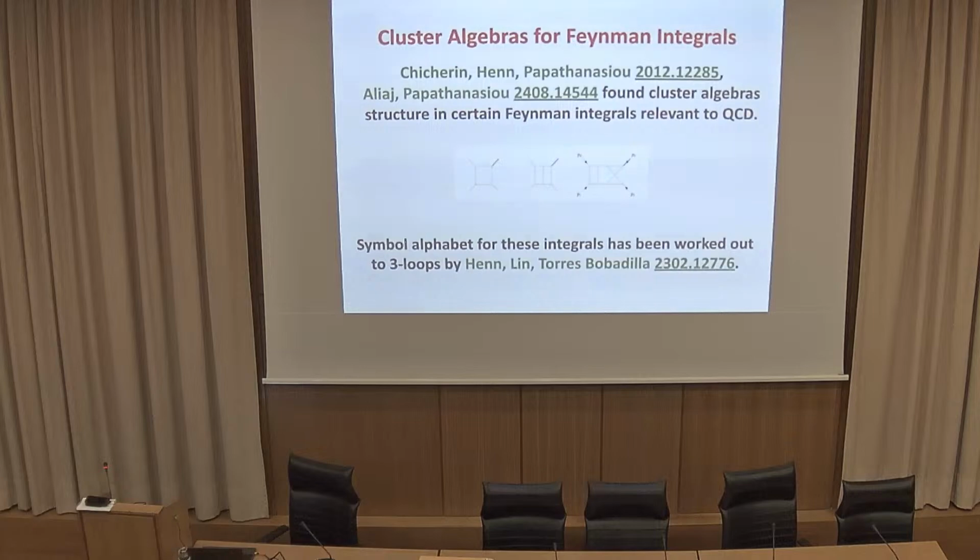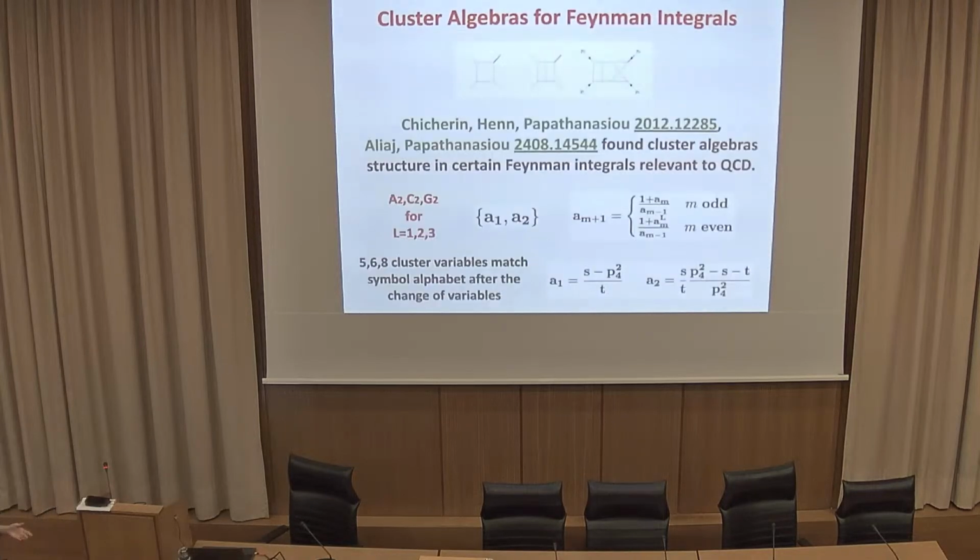So let me just start with this. For these 4-point integrals you have to do two things. You have to compute these integrals, and they've been worked out by Henn and his group to 3 loops. Then, in these very nice papers, Yorgos et al. were able to find this structure for the actual integrals.